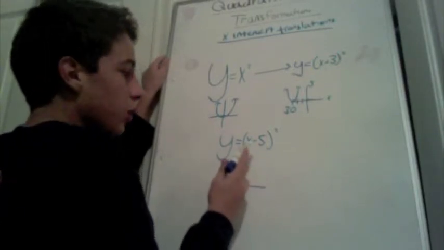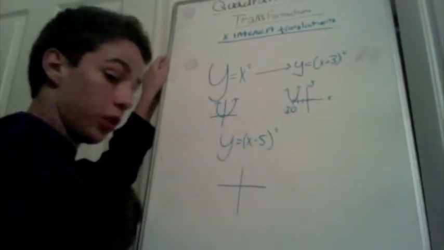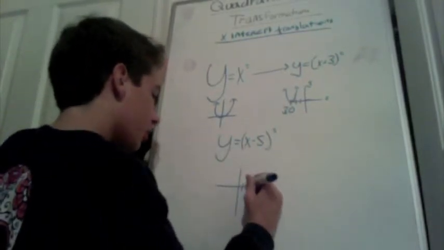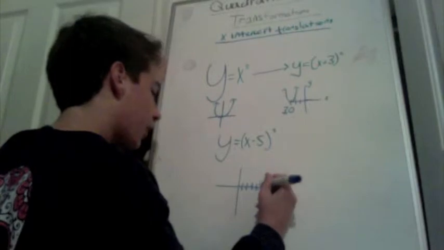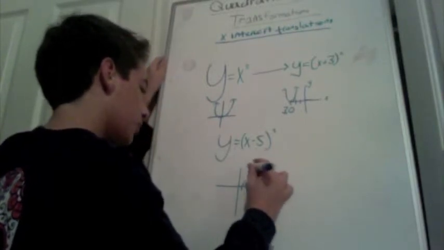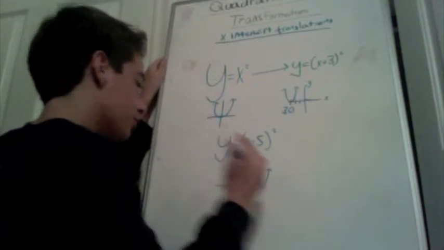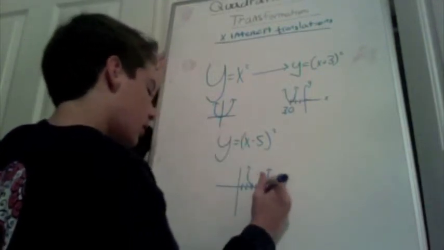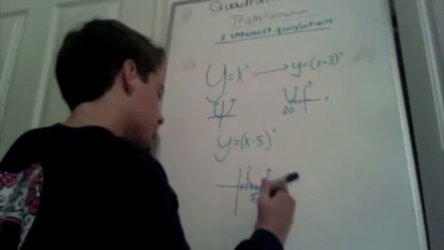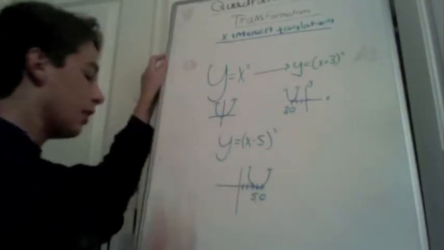Since we're taking away 5, we're subtracting, we're going to move right instead of left. So we'll go 1, 2, 3, 4, 5 right, and do the exact same slope, because our slope does not change. So that leaves us with our new vertex at 5, 0.